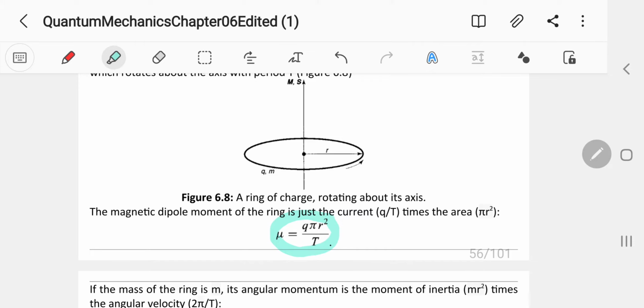This is just the charge of the ring times the area enclosed by the ring of charge, over the period in which the charge revolves around the ring. Anyway, it's just the current times the area enclosed by the loop.